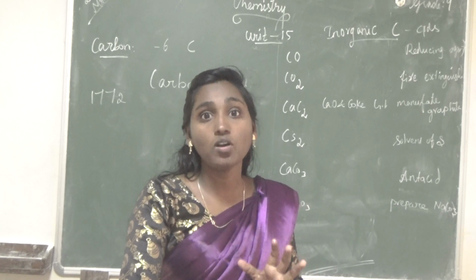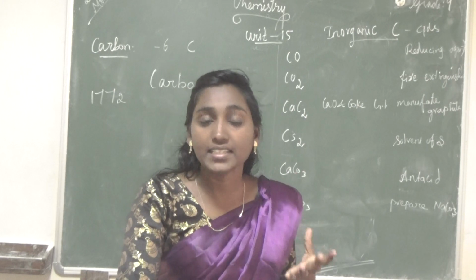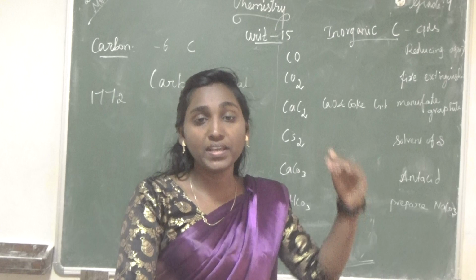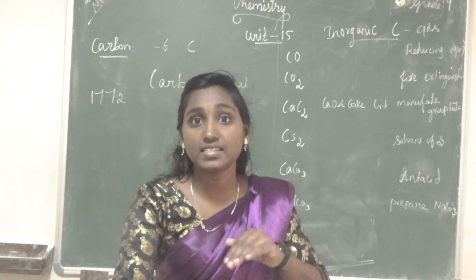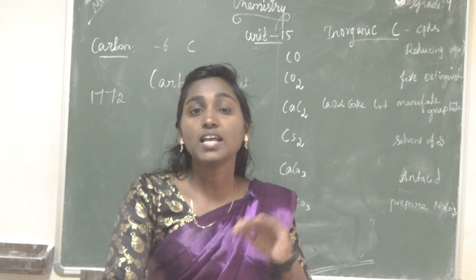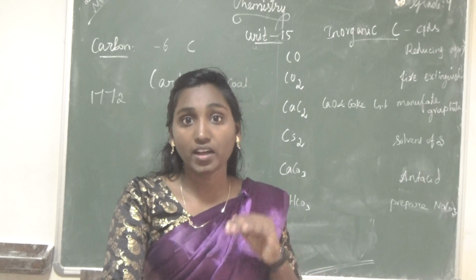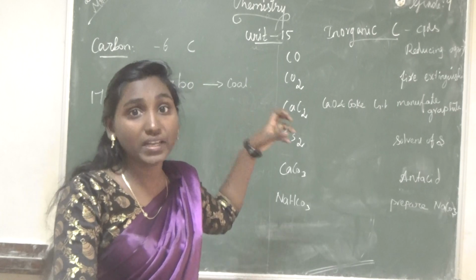What happened, unexpectedly, is that the diamond burnt and disappeared. They measured the weight of the diamond with the glass jar in the beginning, and again after burning the diamond. Both weights were equal. For that they found out it contains carbon atoms.